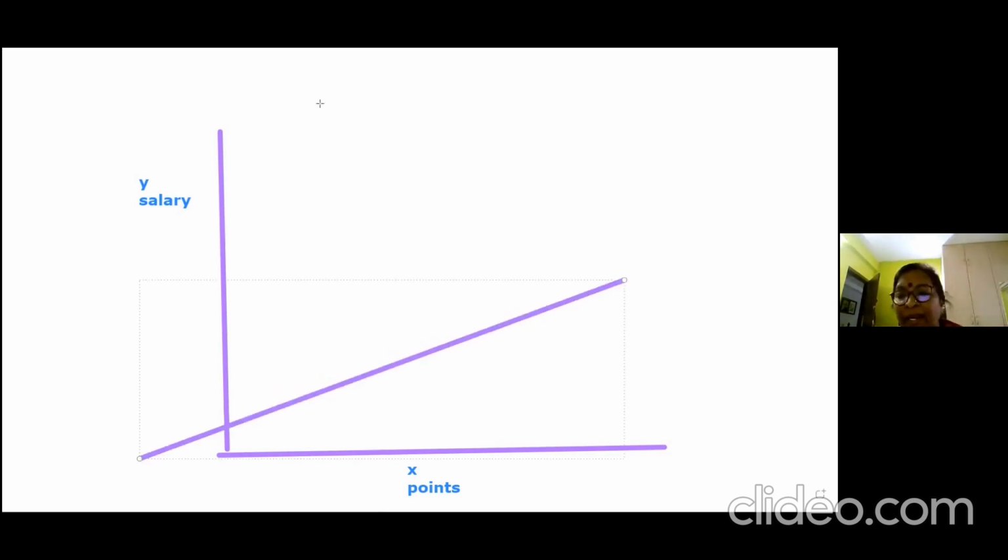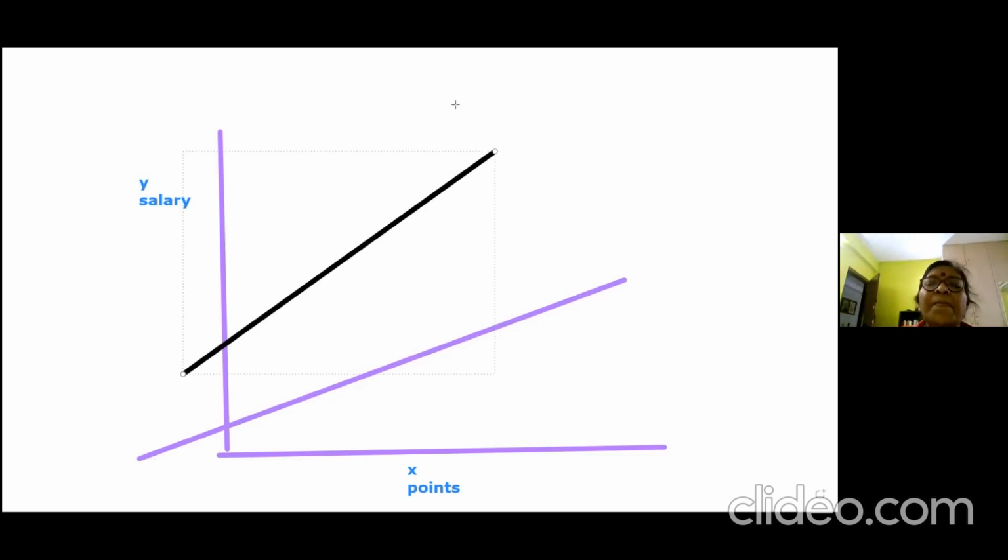This is one pay line. Then let me go to another color. These are three pay lines.